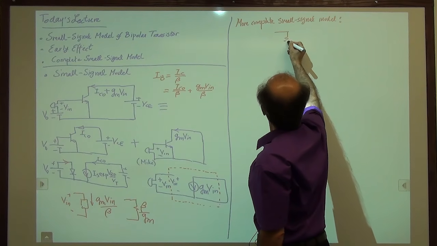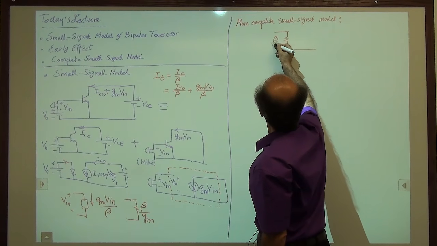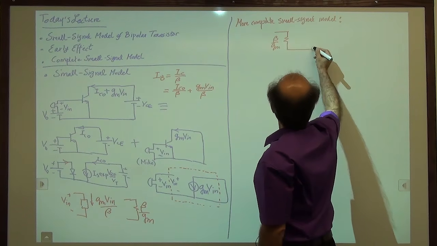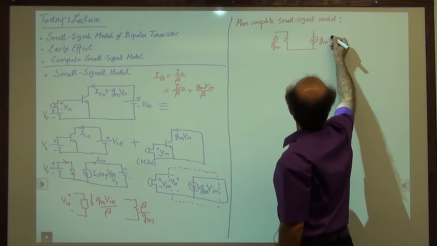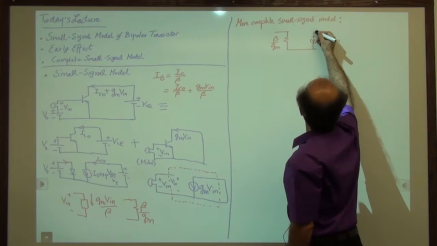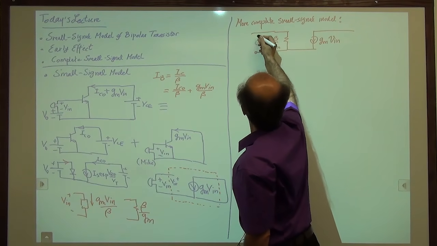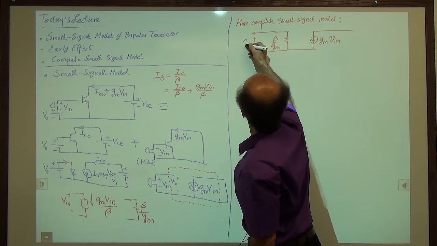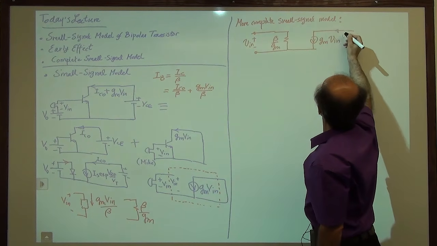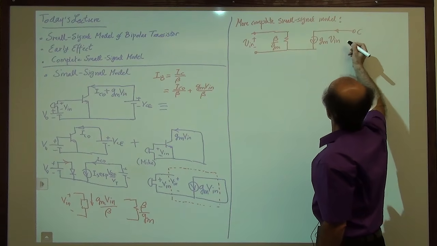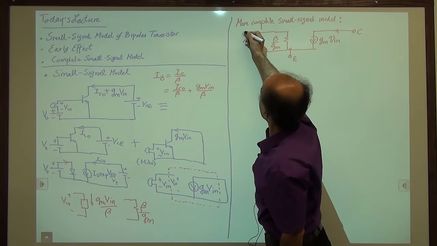We have a resistance of value beta over GM, a voltage dependent current source GM V in, and V in is this voltage, and the current is coming from here. This is the collector terminal, this is the emitter terminal, and this is the base terminal.